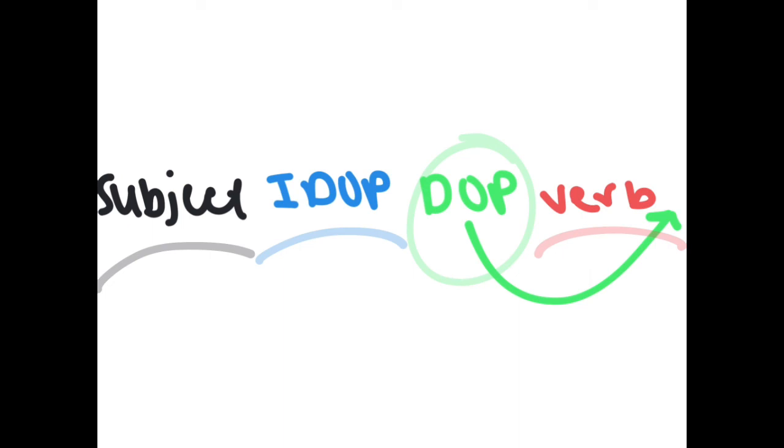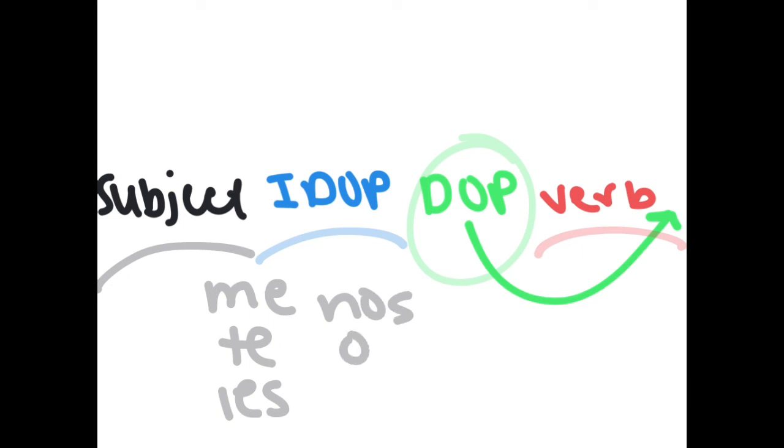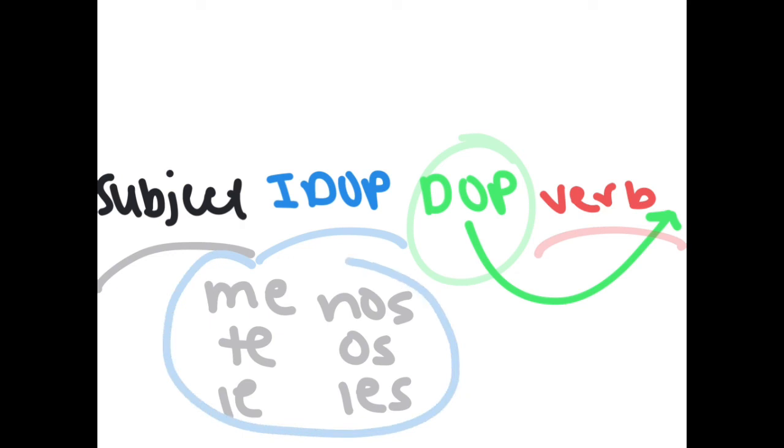Then the indirect object pronouns, as I mentioned before, are me, te, le, nos, os, les. And then the direct object pronoun is what Jordan went over, and then the verb can be any verb, such as to talk, to give, something of that matter. So here's the basic setup, and these are the indirect object pronouns that you should know.